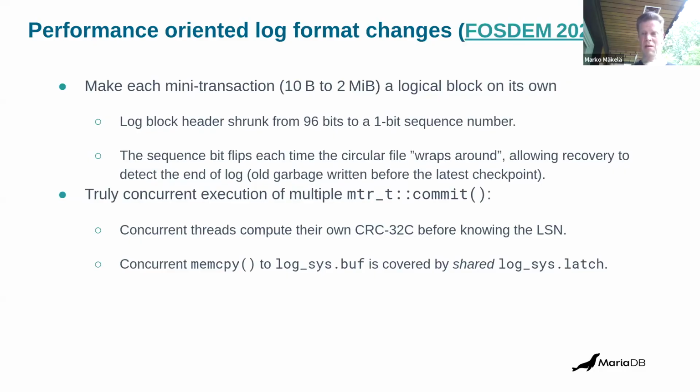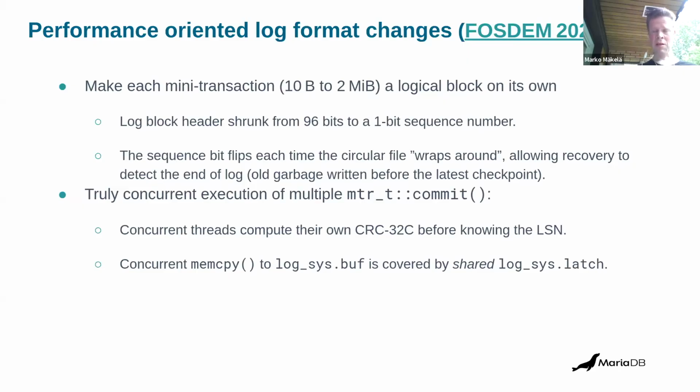Before disturbing locking, the threads that are executing mini transaction commit are computing the checksum of their own log even before they know the final log sequence number that will be allocated for them.